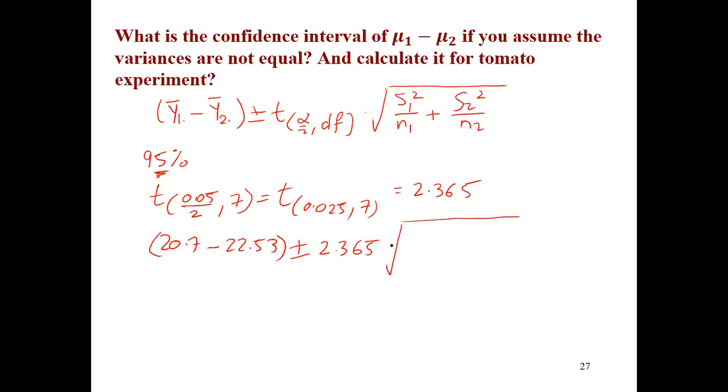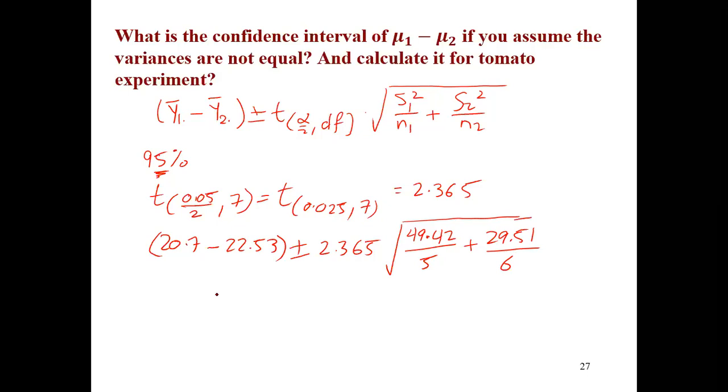S1 squared is given as 49.42. Divide by N1, which is 5. We have 5 planes assigned for the first treatment. And S2 squared is 29.51. Divide by 6 planes assigned for the second treatment.